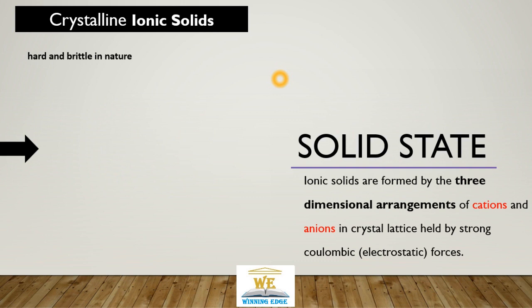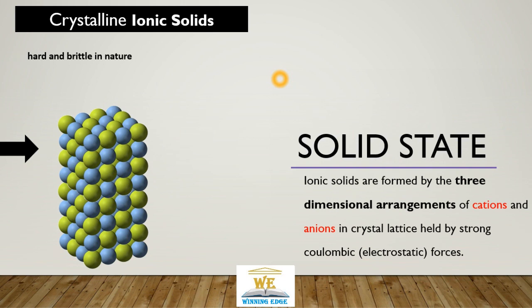They are hard and very brittle in nature. If we take an ionic solid with cation-anion arrangement in 3D space, it has high melting and boiling points because of strong Coulombic forces that hold these ions together.